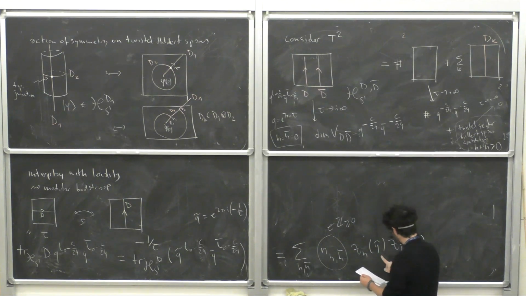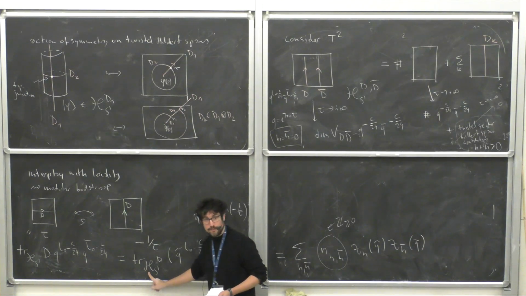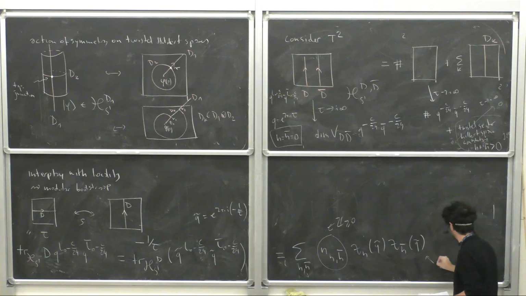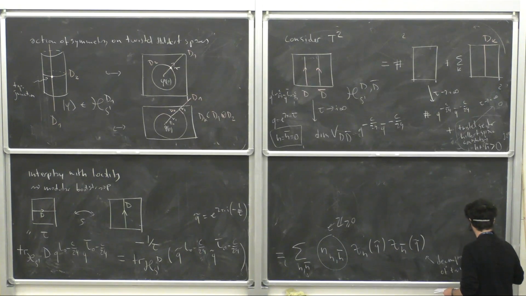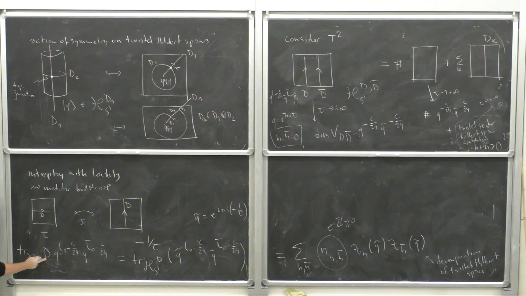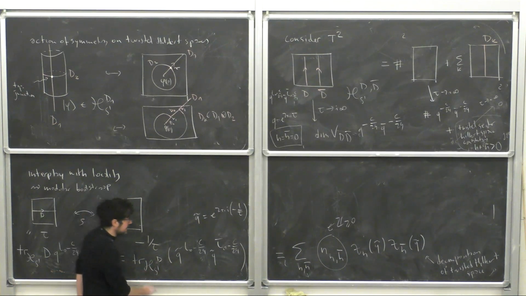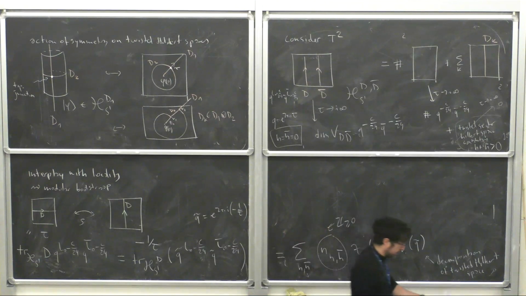But now these multiplicities are related to the decomposition in Virasoro modules of the twisted Hilbert space. And so on one hand, we have the action of our topological line on the ordinary Hilbert space. On the other hand, we have the multiplicities of the twisted Hilbert space, and the two must be equal by modular invariance.